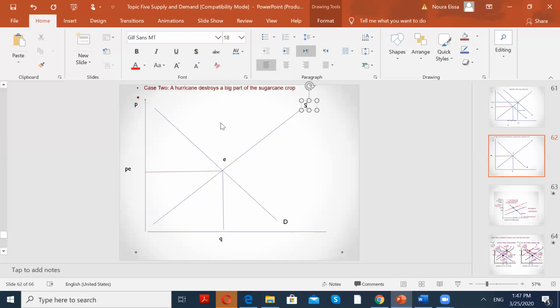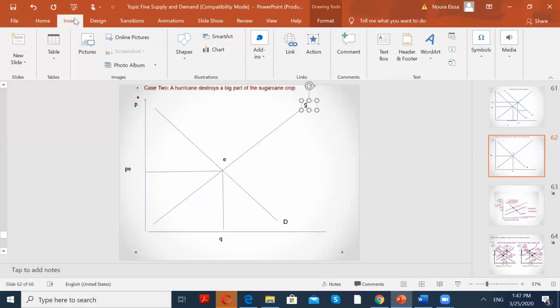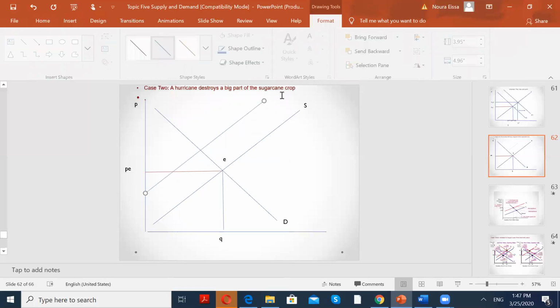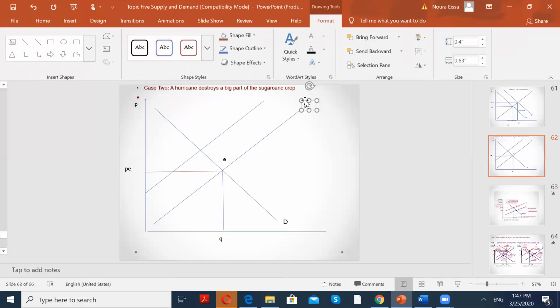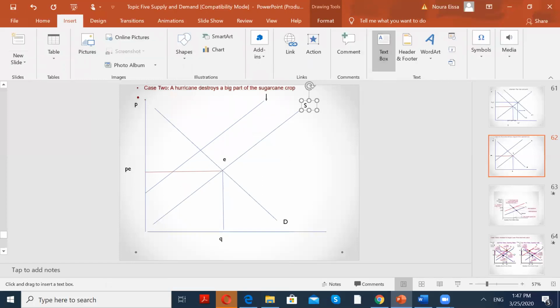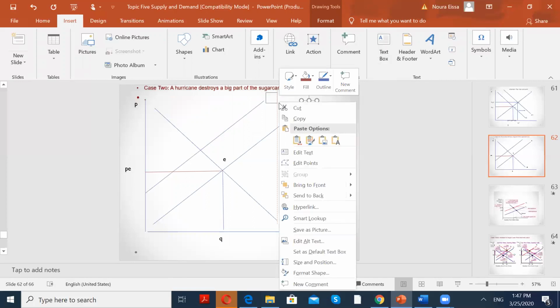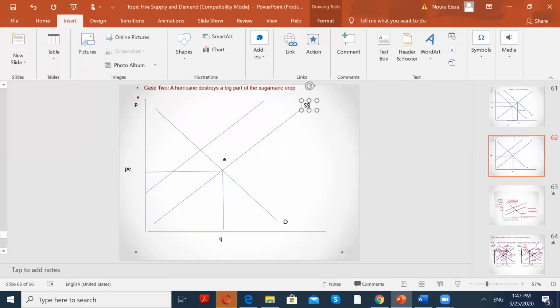Supply will shift where? To the left. So let's graph this. Your supply will shift to the left just like this. Okay, this is, let's call it, S1, supply 1.